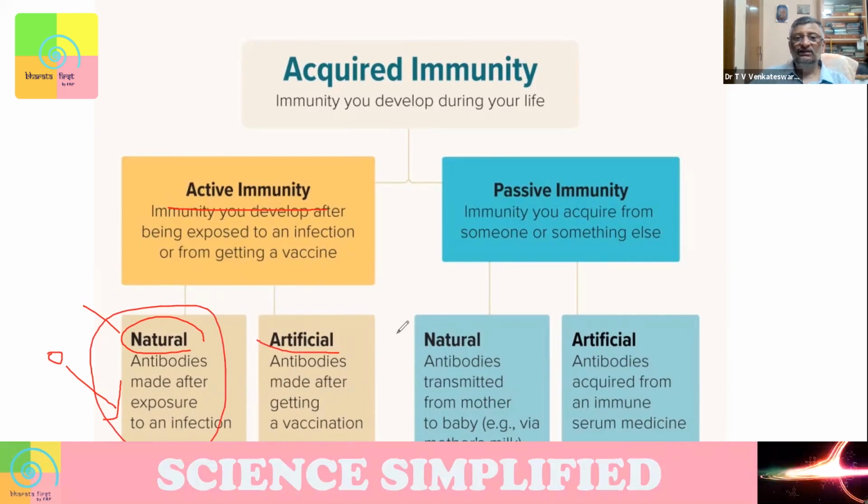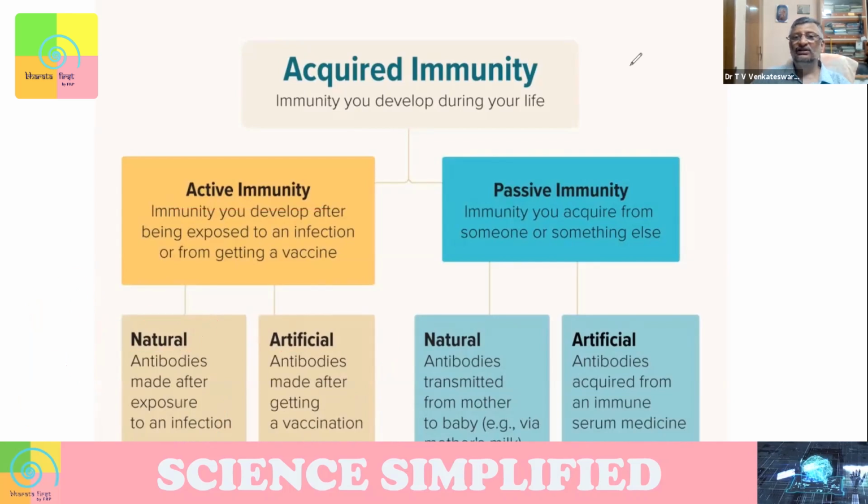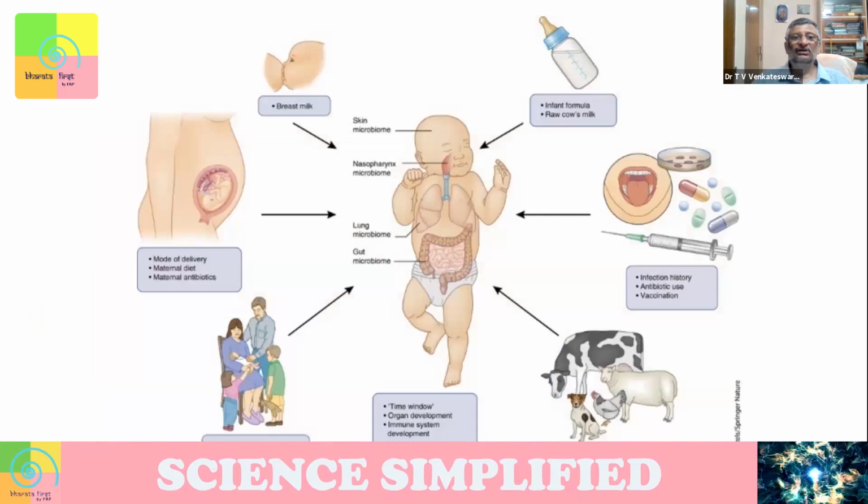The artificial is that you give vaccination. Through vaccination, you develop the antibody, so your body is ready to fight the disease. This essentially means that the moment we are born, we are exposed to pathogens as babies, and we start producing antibodies.